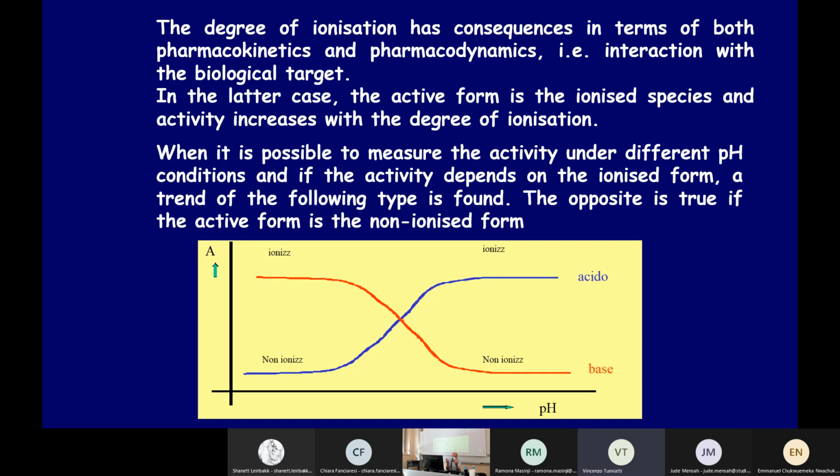Because you can imagine, we need a strong bond in the target site. And if your drug is in a charged form, we can have ionic bond. Ionic bond is very strong, you know. We'll see later the different bonds present in the target site.